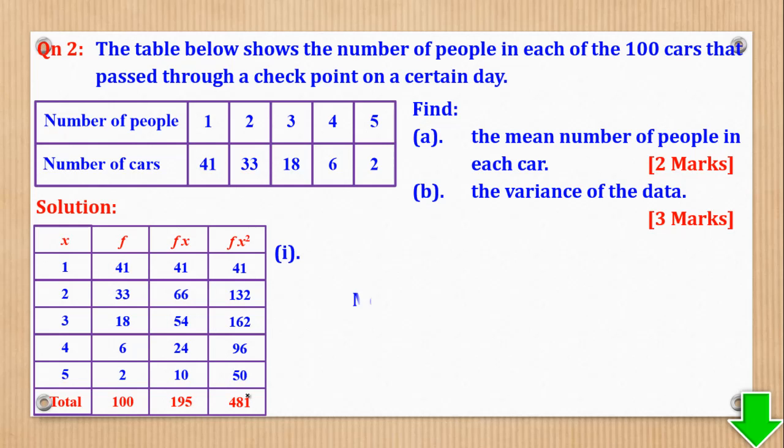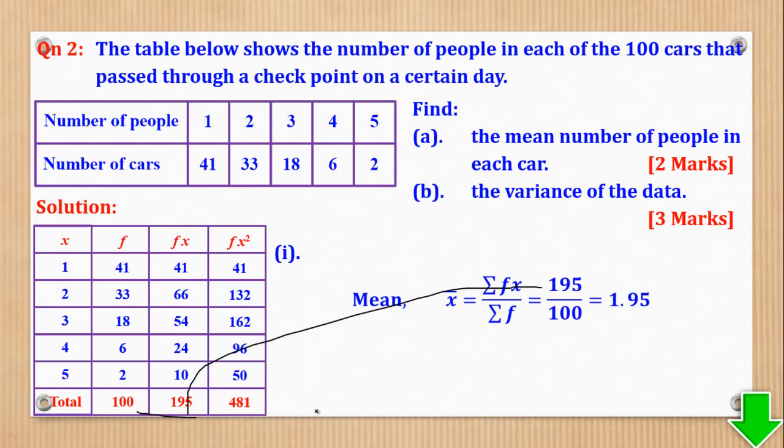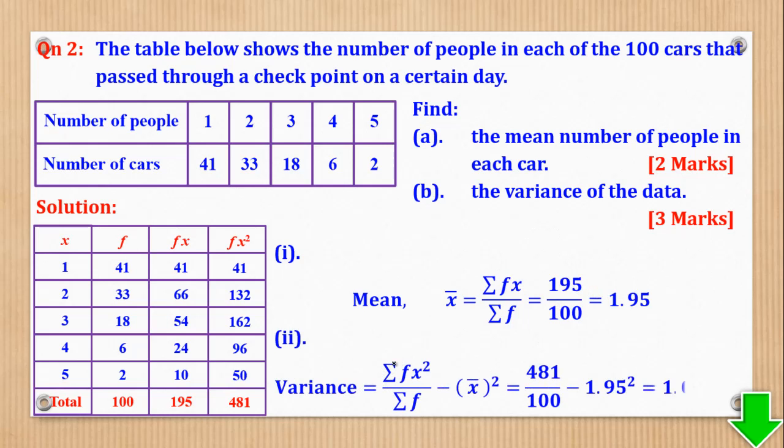So first of all, mean is summation of fx over summation of f, which is 195 over 100 to give you 1.95. So we need to code the formula, substitute, and get the output. Then when it comes to variance, still we have to code the correct formula, summation of fx squared over summation of f minus mean squared.